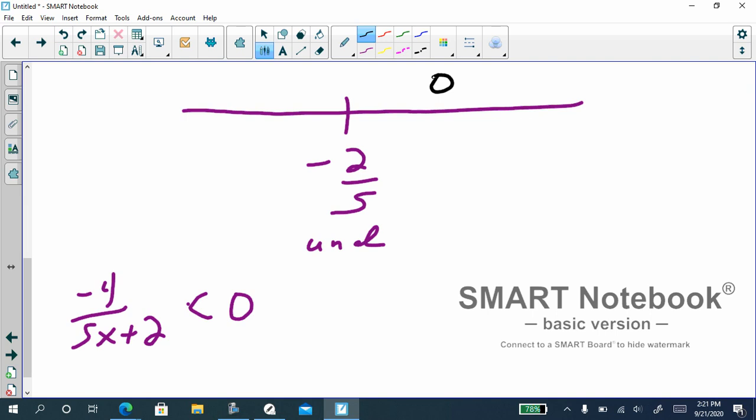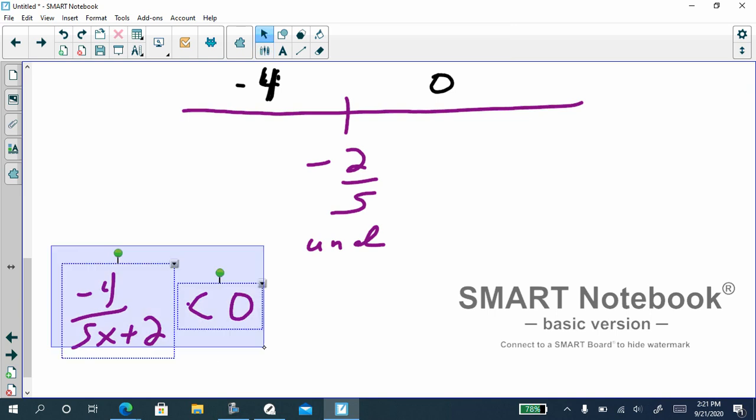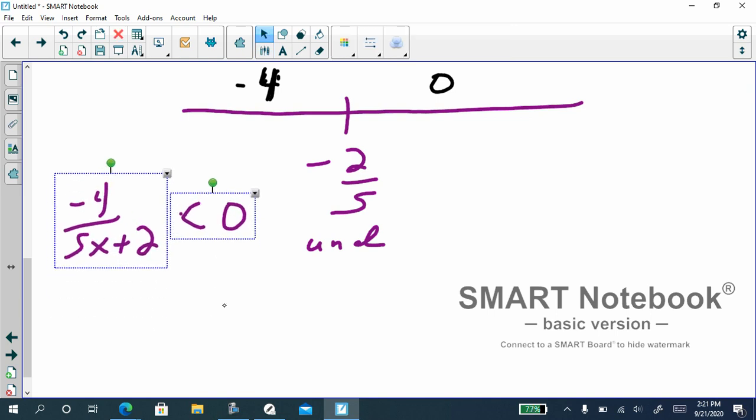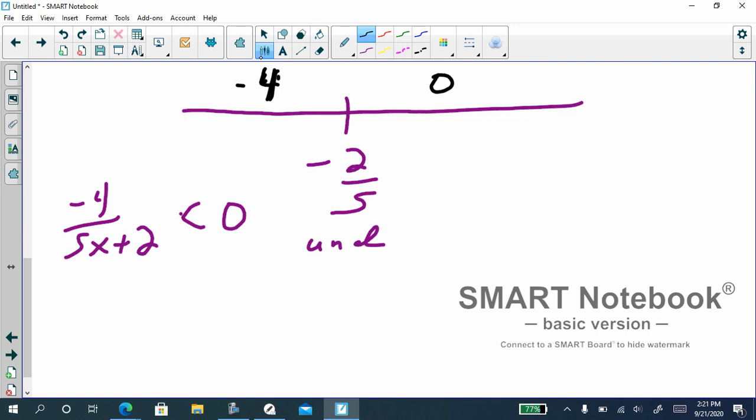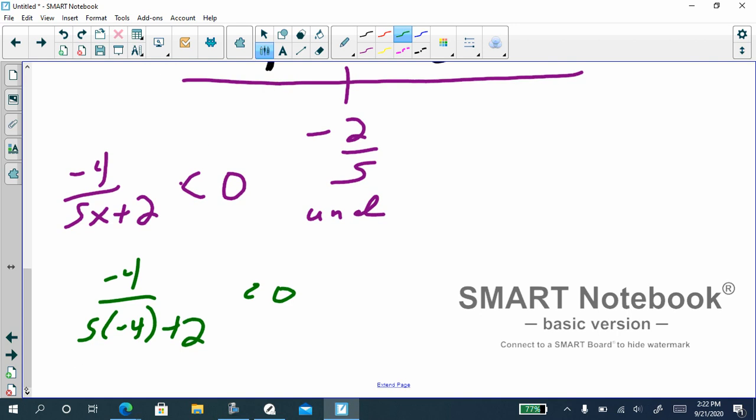We could use a negative 4 because that's to the left. Any number would work. Just pick some number in each interval. So let's try negative 4 first. If we put a negative 4 where we have an x, we have 5 times negative 4 plus 2. Let's see if that's less than 0.